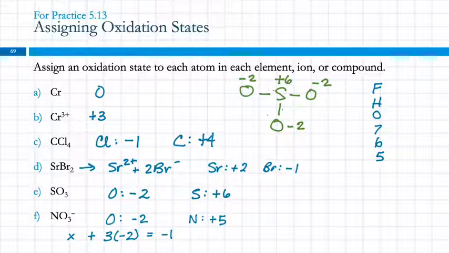They are very like ionic charges. And that's nice because we've already learned how to figure out ion charges. Like on this one, if we didn't remember what the charge on strontium is, we could figure it out because we know the charge on bromide. It's the same process to figure out what these oxidation states are.